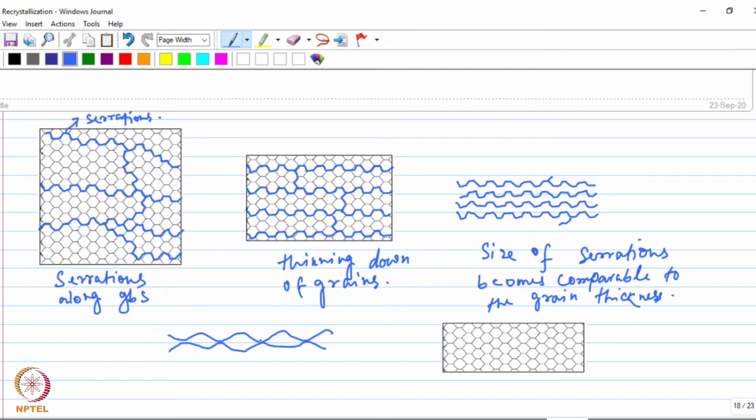Right, so as the serrations impinge on each other, from these points, equiaxed grains can pinch off.